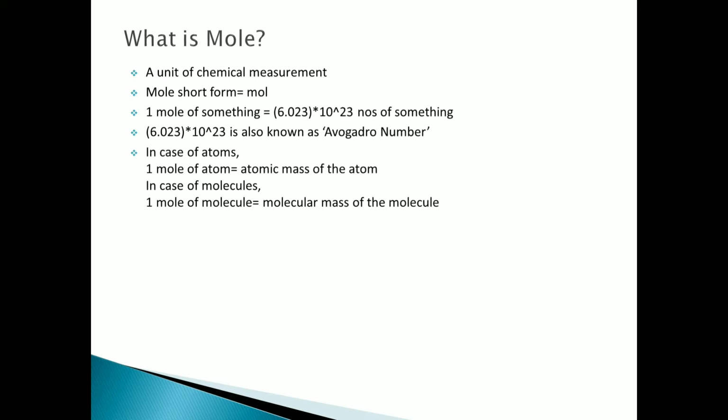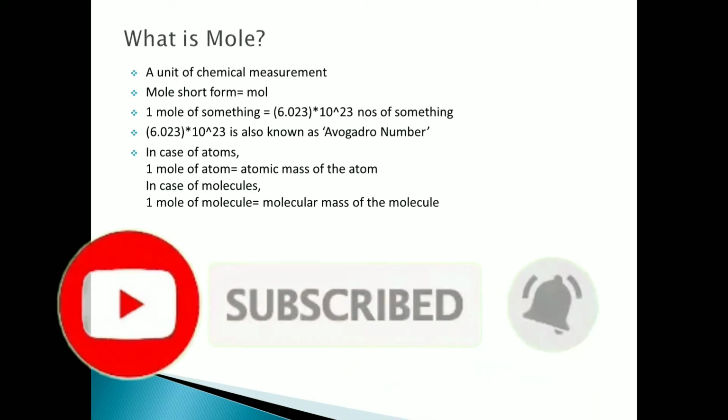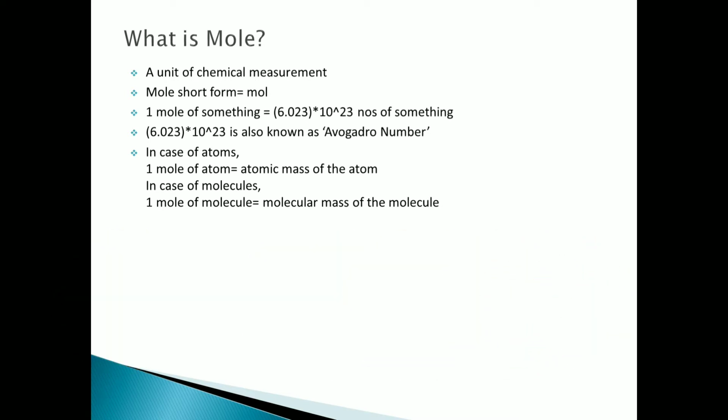Now, in case of atom, 1 mole of atom refers to the atomic mass of that particular atom, and in case of molecule, 1 mole of molecule equals the molecular mass of that molecule, which is very simple to understand. But first we need to understand what we actually mean by atomic mass of an atom, because as we know, atomic mass of an atom is actually unitless.